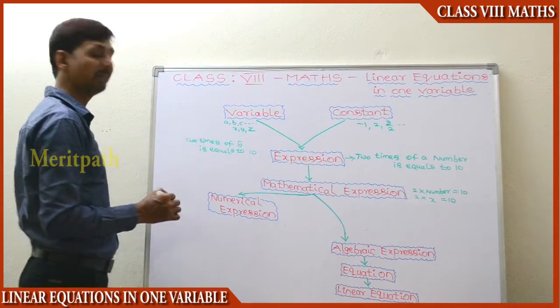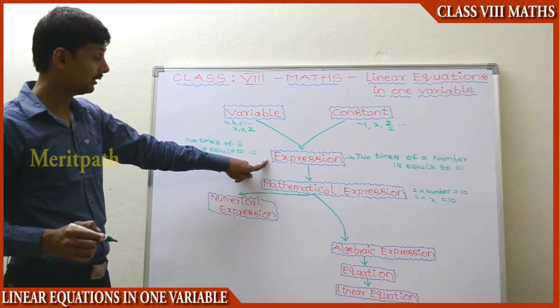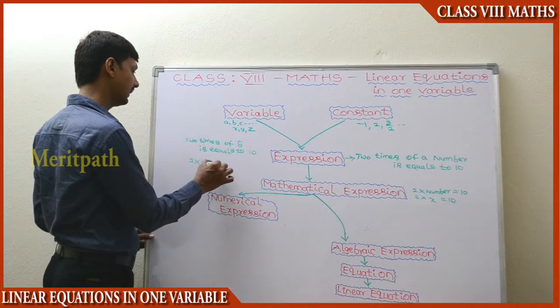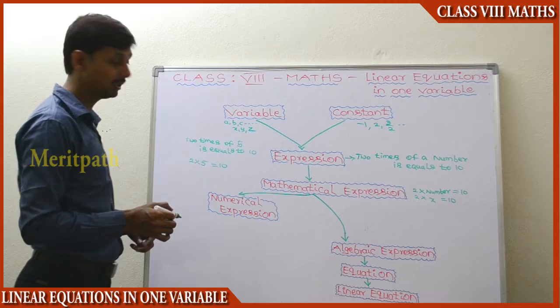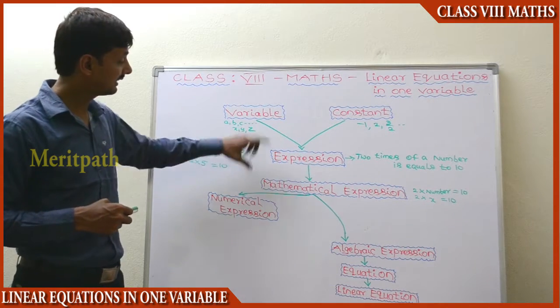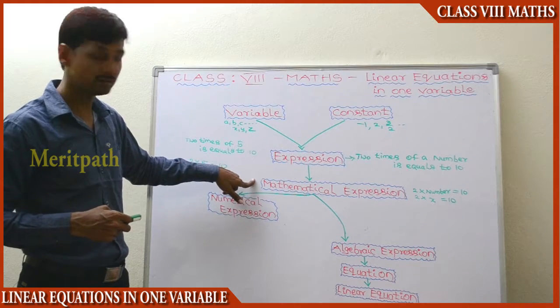It is only an expression when we express something. 2 times 5 is equal to 10, so both are equal. This kind of sentence is written as a mathematical expression.